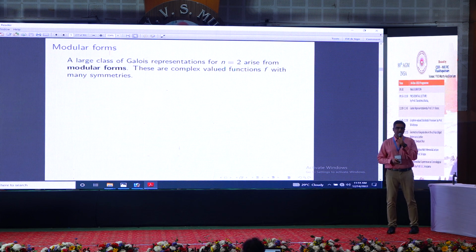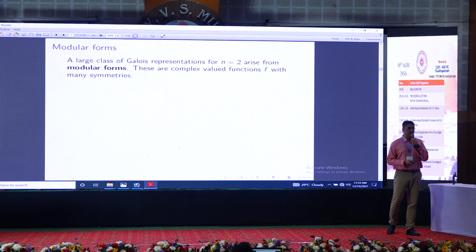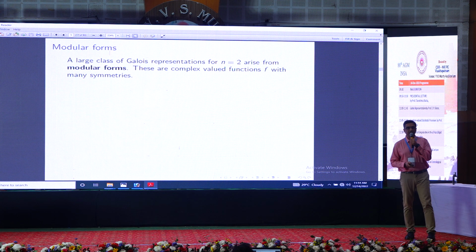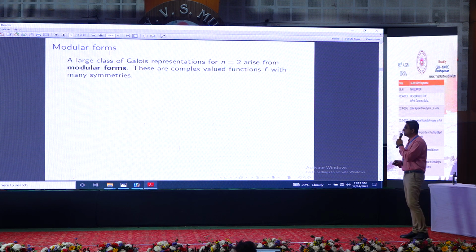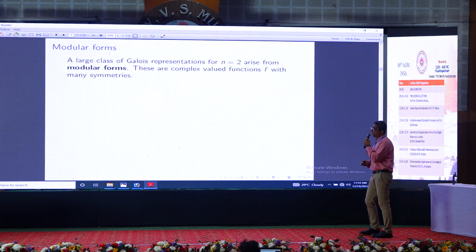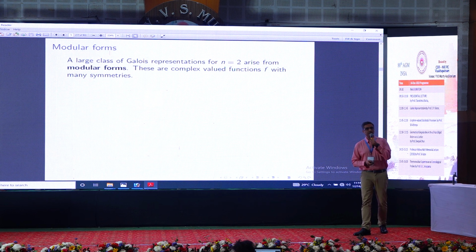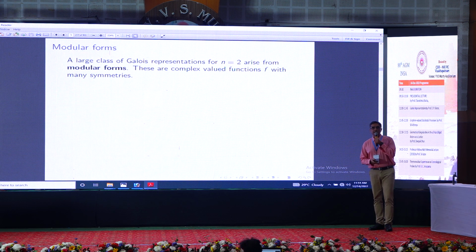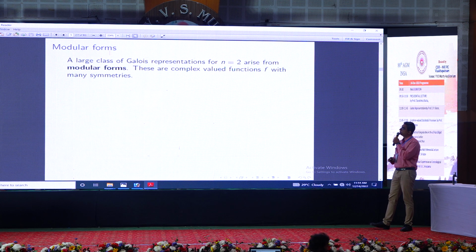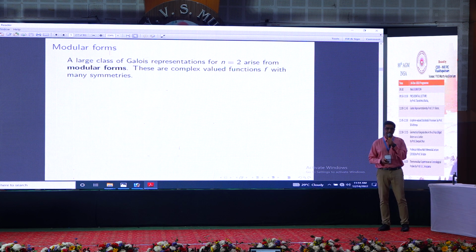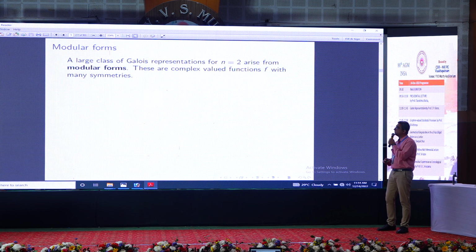Okay, so what about higher dimensional Galois representations? That was the case n equals 1. Well, a large class of Galois representations for n equals 2 come from what are called modular forms. Modular forms are very classical objects. They're complex valued functions on the upper half plane with many symmetries.